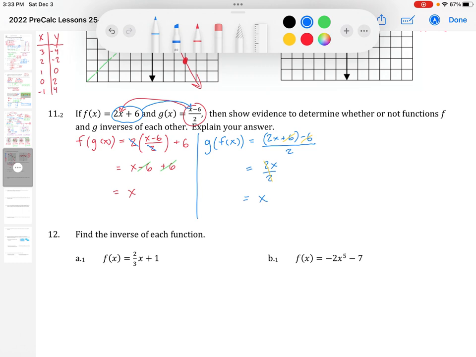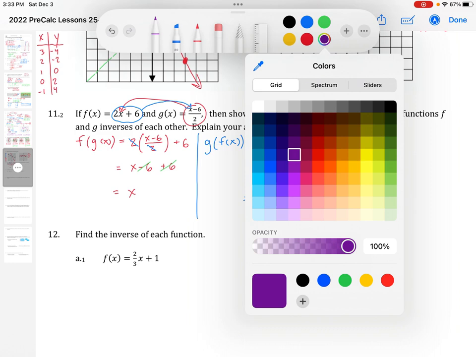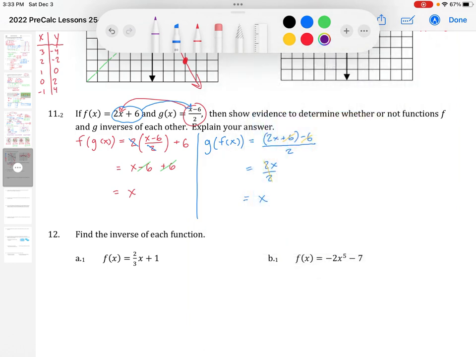So that's showing us that these two functions are inverses of each other. So you know they're inverses because f of g of x is equal to x, and g of f of x is equal to x.